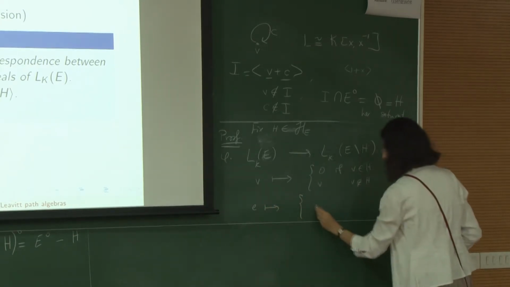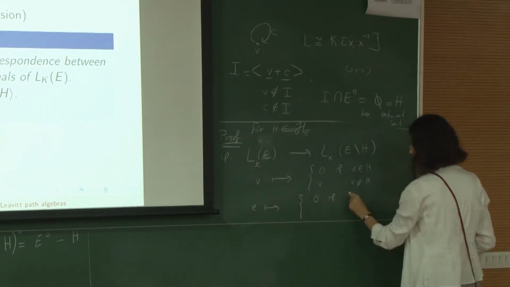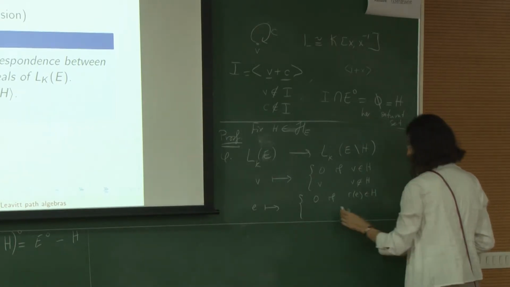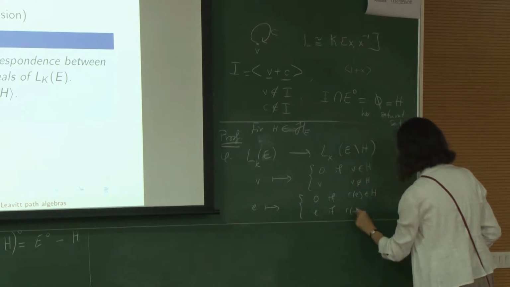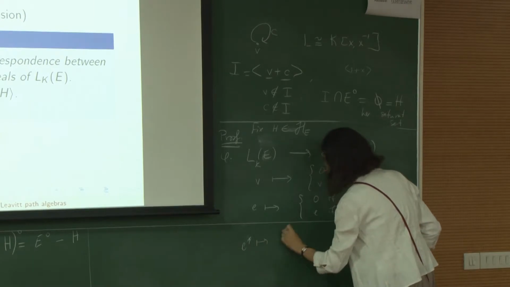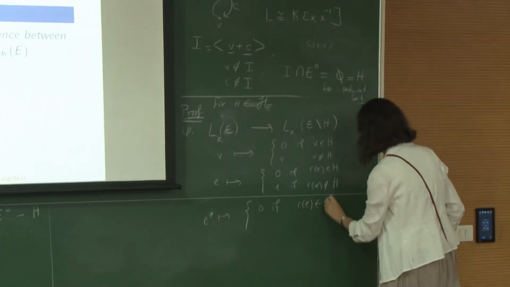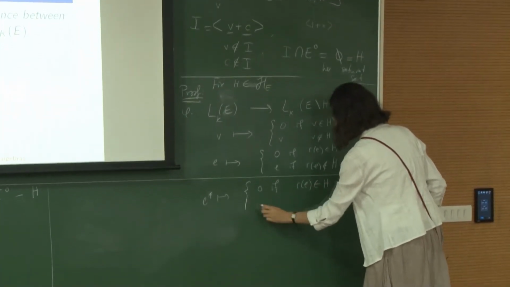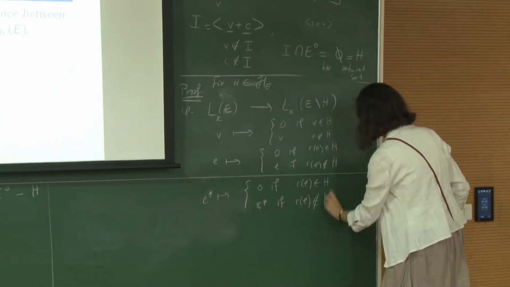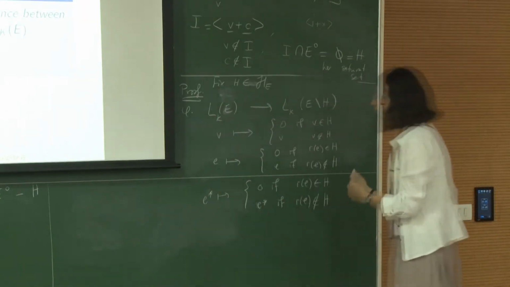Send E to 0 if the range of E is in H, and to itself if it's not in H, and similarly E star, send it to 0 if the range of E is in H, and to itself otherwise. So these are the generators.